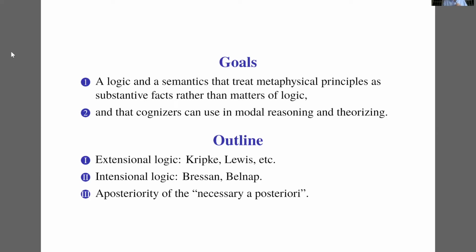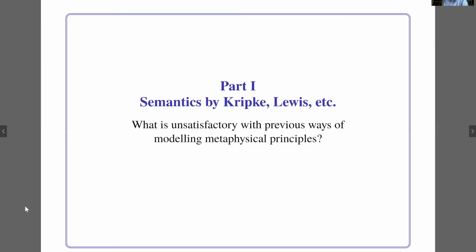For the previous approaches, I explain why they do not provide the things I want. And then I will give a brief review of intensional logic, and then I will show that intensional logic can provide what I wanted. Okay. All right. So that's the intro part of the talk.